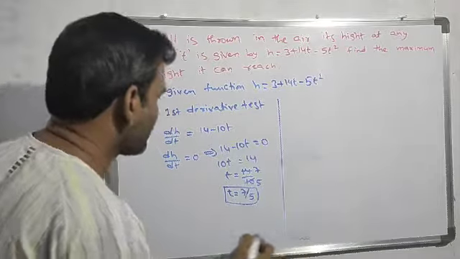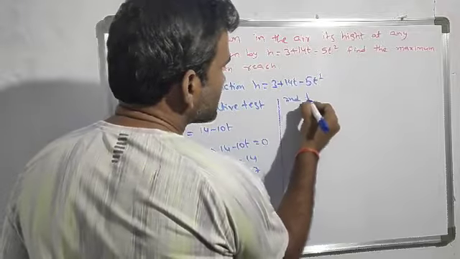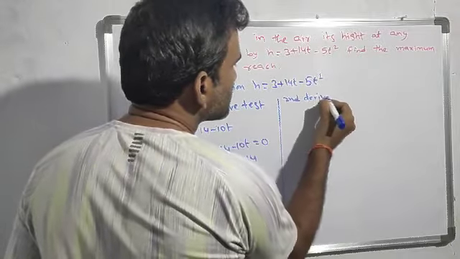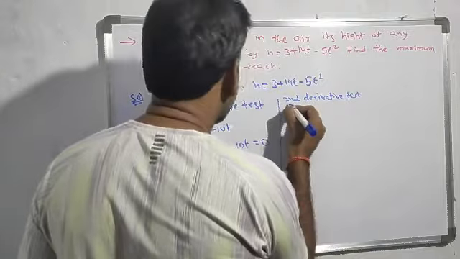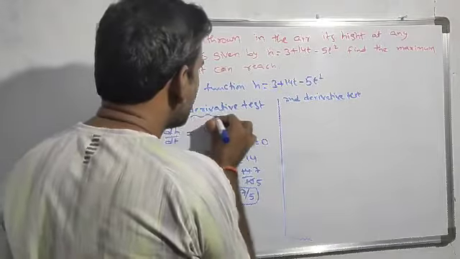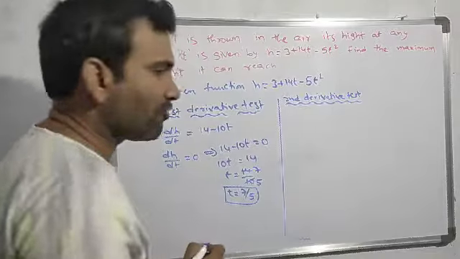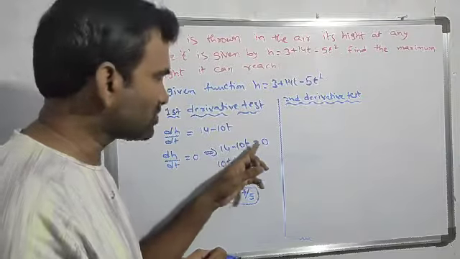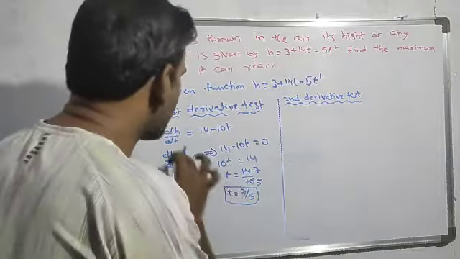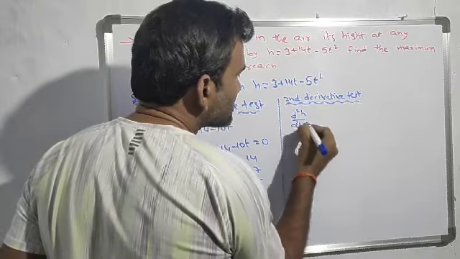Next, second derivative test. For the first derivative test, we differentiate once and equate it to 0 to get the stationary value. For the second derivative test I have to find d square h by dt square.